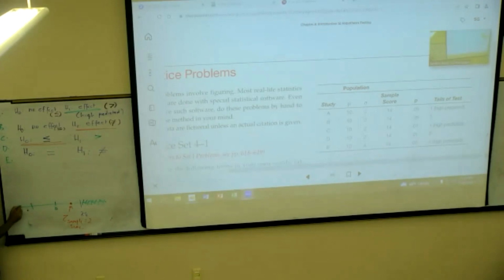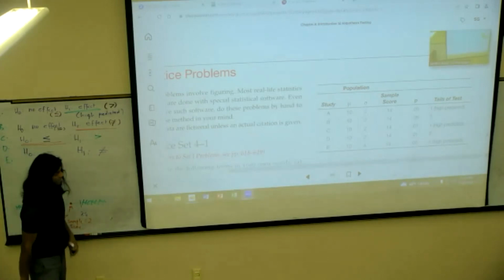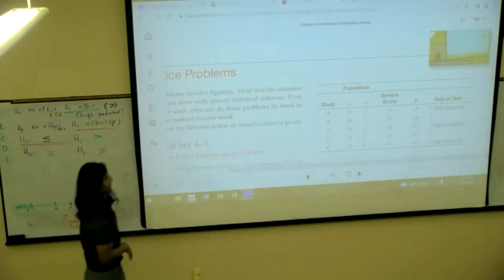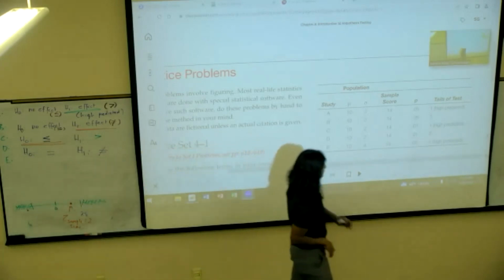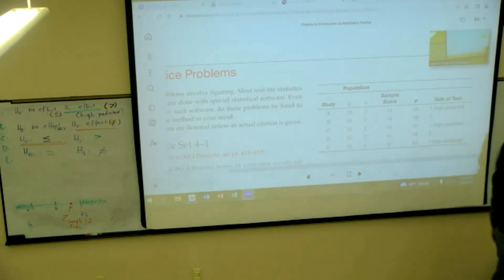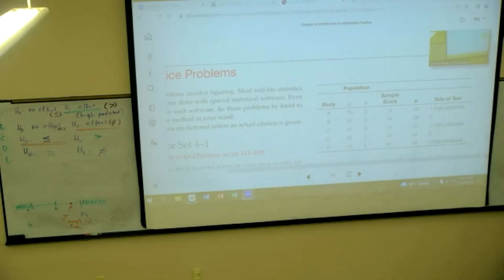So I will have a cutoff on the left-hand side, cutoff on the right-hand side, negative on the left, positive on the right. However, it will be the same value. Why? You have to break it up into two. You have to divide by 2.